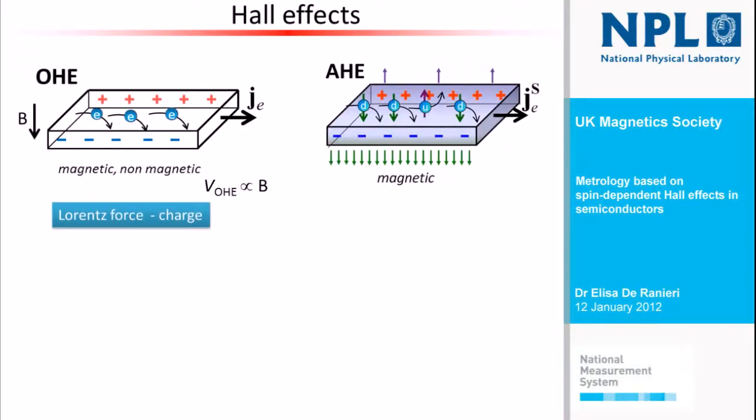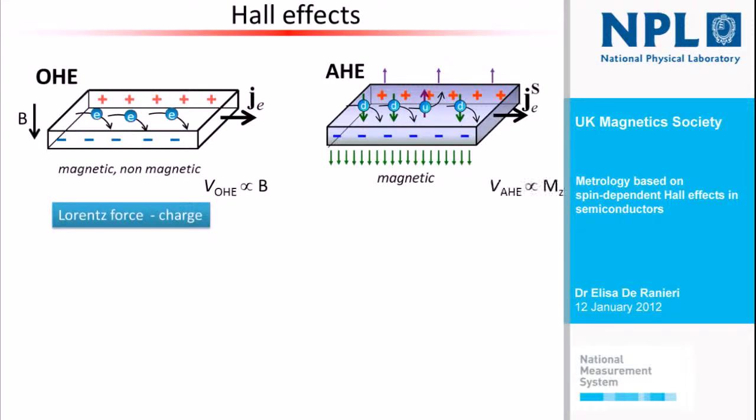In analogy, the anomalous Hall effect occurs in ferromagnets. And here the current that you are sending through the slab is spin polarized because of the imbalance in the population of spin up and spin down electrons. And you have this mechanism of spin-dependent scattering, which deflects spin down electrons on one side and spin up electrons on the other side of the channel.